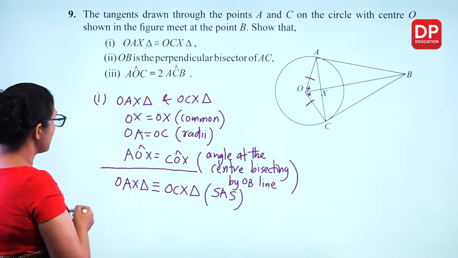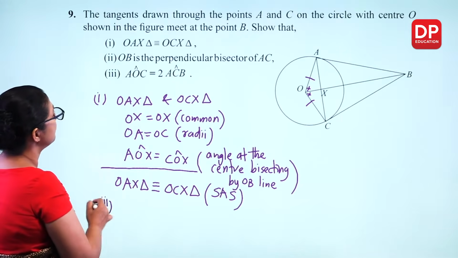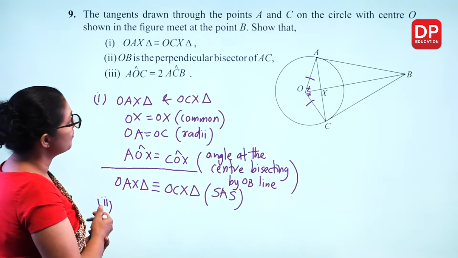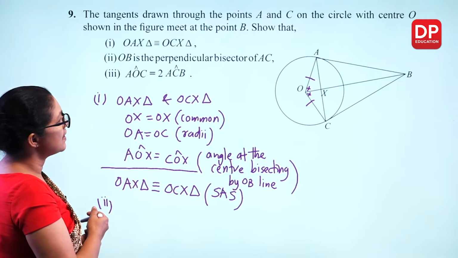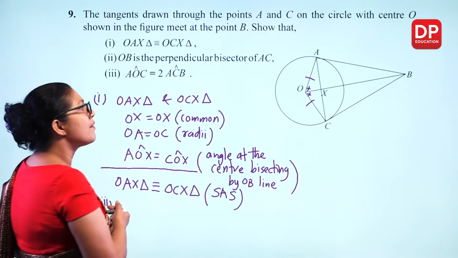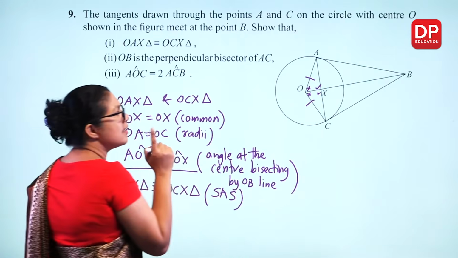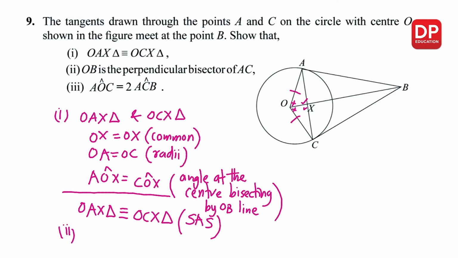That's the first part. Second part, OB is the perpendicular bisector of AC. Now, we can show that these two angles are equal. Corresponding elements are equal.